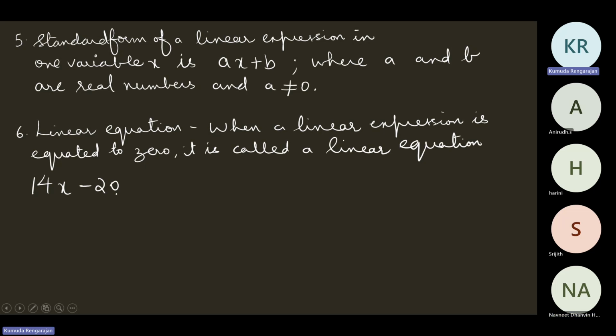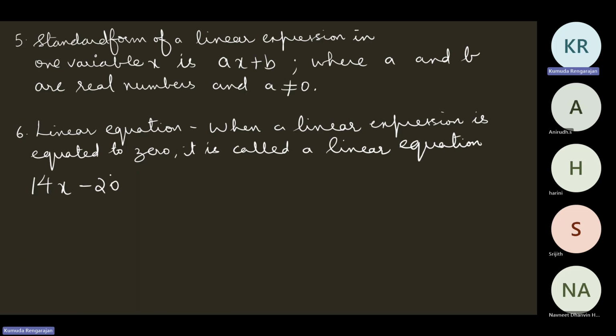And how many variables can you see? One. Only one variable x. And what's the power of x? One. So it is linear. The power of x is 1, so it's linear. So it's a linear expression in one variable x.